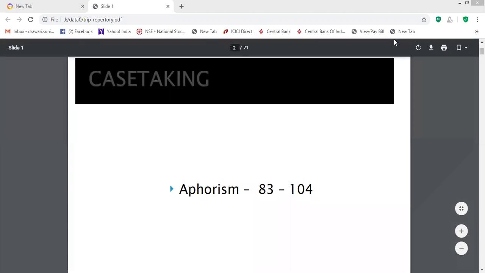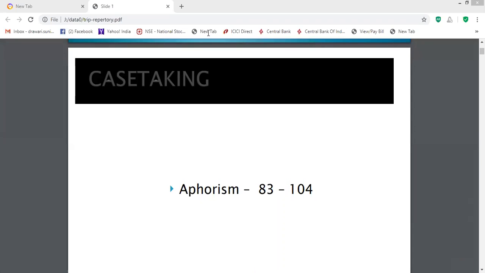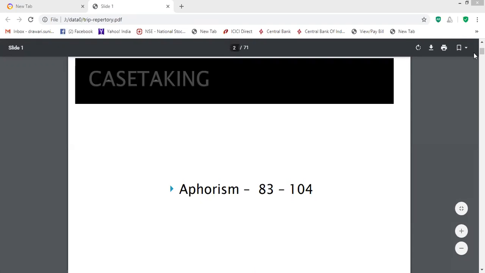Today we will discuss a small repertory, that is a repertory of antipsoric medicines. But before that we will revise some parts which were covered in previous lectures. We discussed in detail case taking, and how we should take the case in acute diseases as well as in chronic diseases.